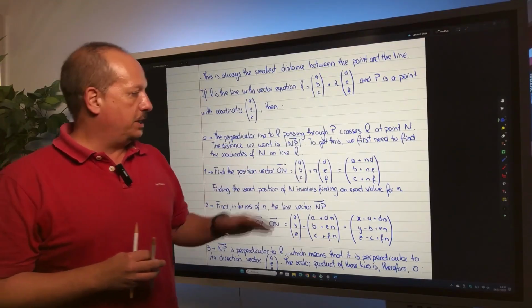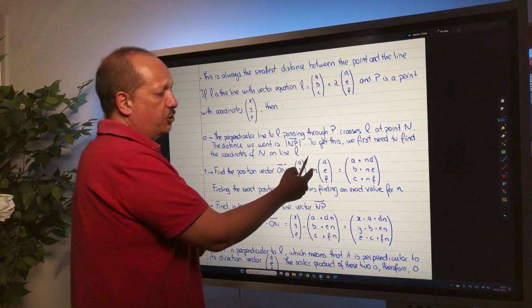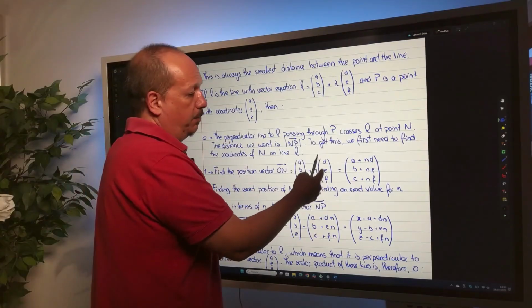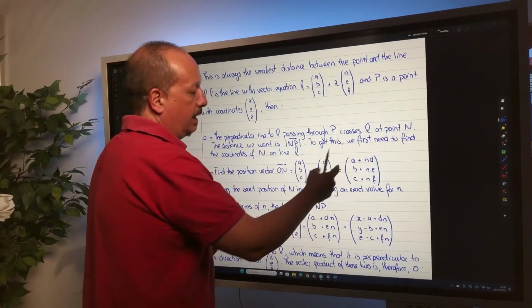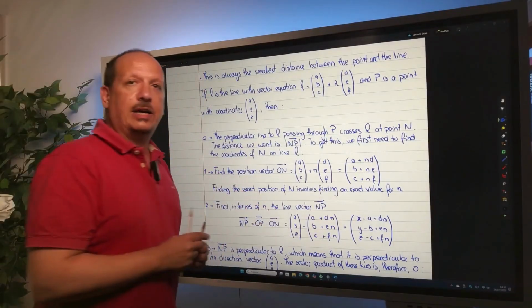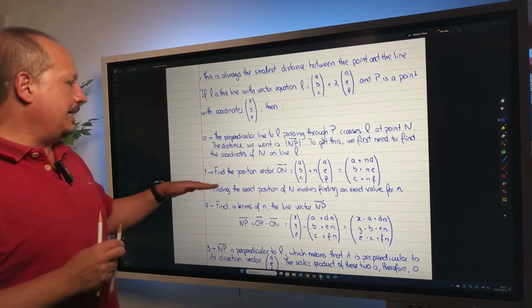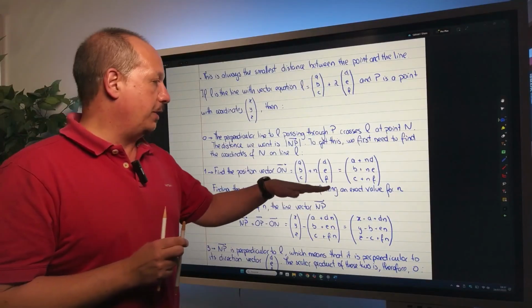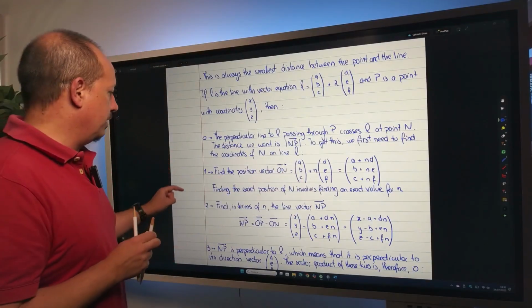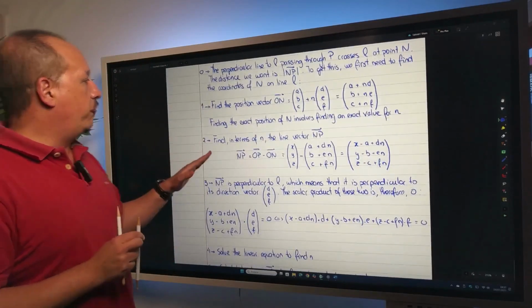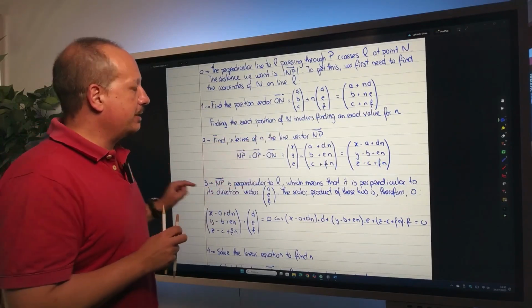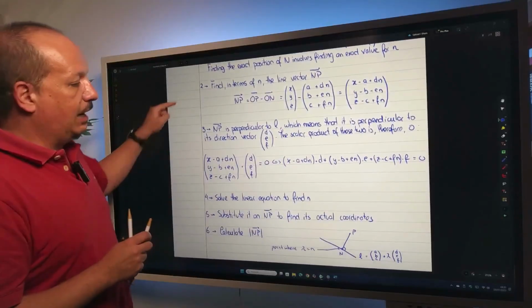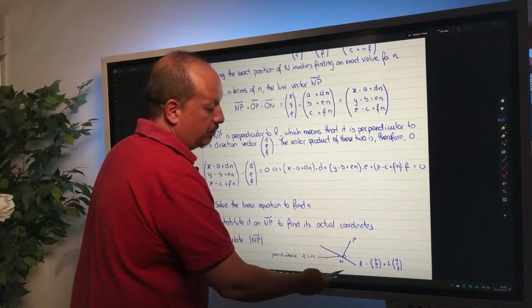What is the next step that I did? I just multiplied n by all the components of the direction vector of L, and I put everything together in a column vector. Finding the exact position of N involves finding an exact value for n. I already mentioned that. So step 2, find, in terms of n, which you don't know yet, the line vector NP.